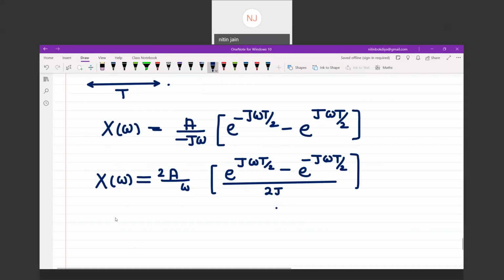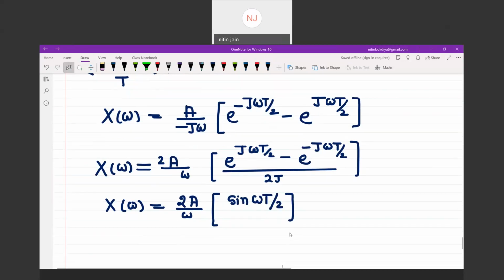Now you can say x of omega is 2a by omega times sine of omega T divided by 2.